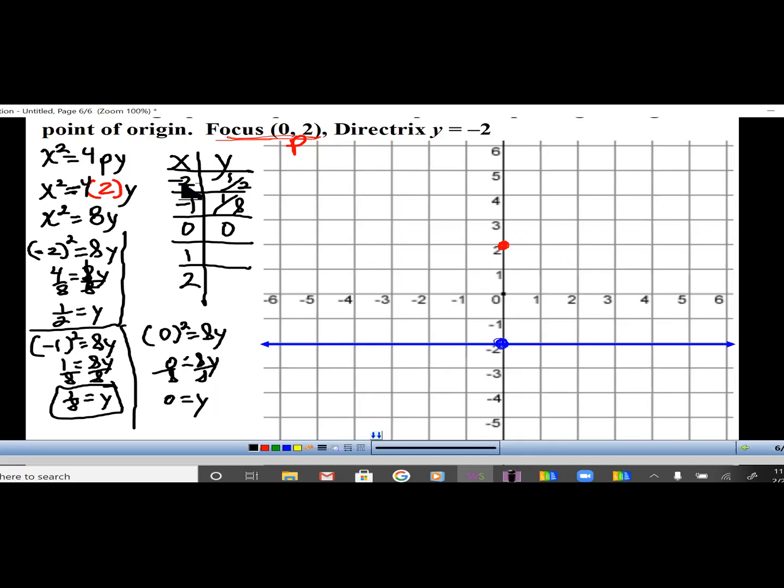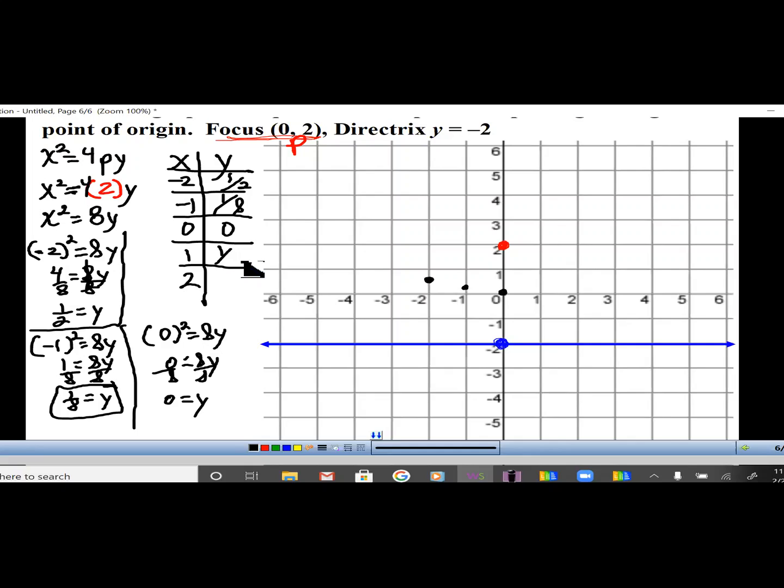Let's plot these points really quick. (-2, 1/2). (-1, 1/8). There it is, very close to the axis, and (0, 0). Do you guys see the parabola forming? Who can give me the value of y when x is 1 without doing any computation? 1/8.